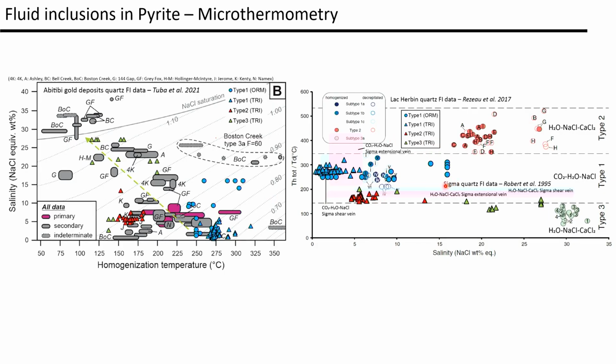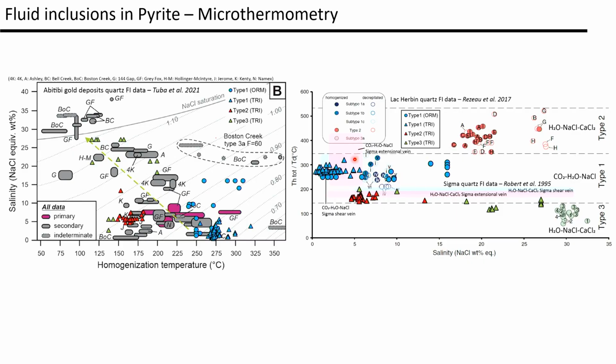Here you have a comparison with the Lac Herbin deposit. So we have the same type 1 and also almost the same type 3 fluid inclusions. The only difference is that the Lac Herbin has high temperature aqueous fluid inclusions that we never saw in our deposits, and that could be related to a magmatic fluid or to magmatic events.